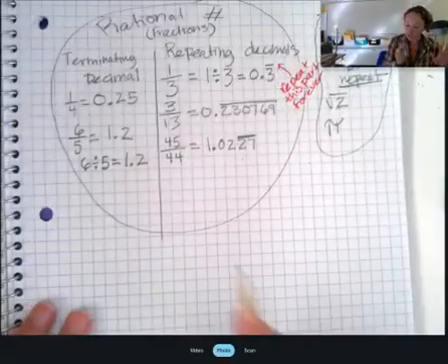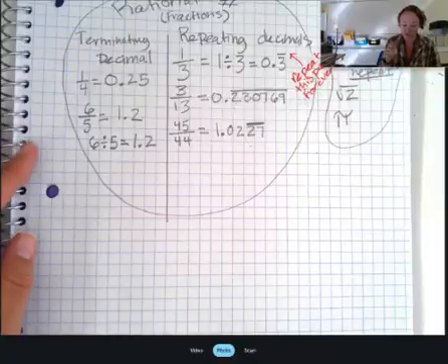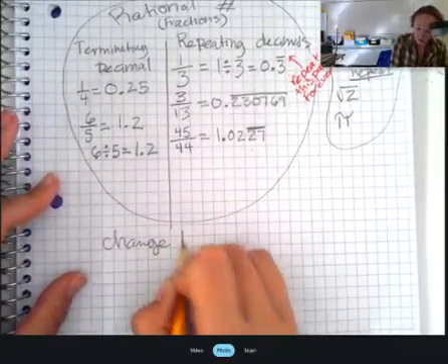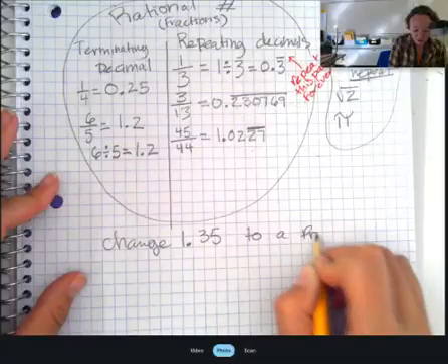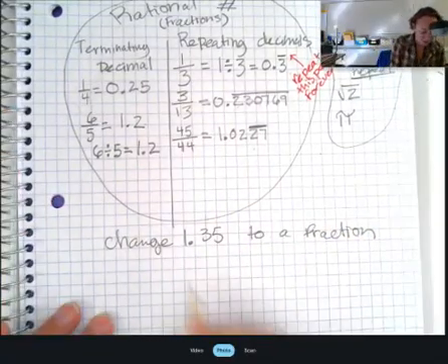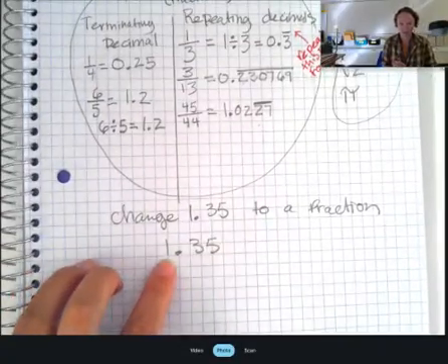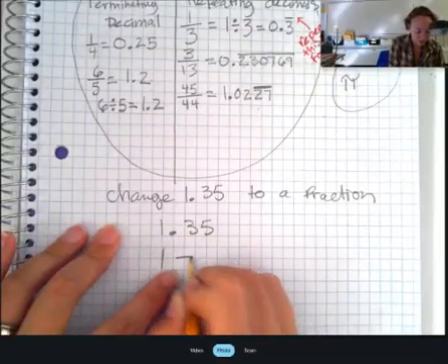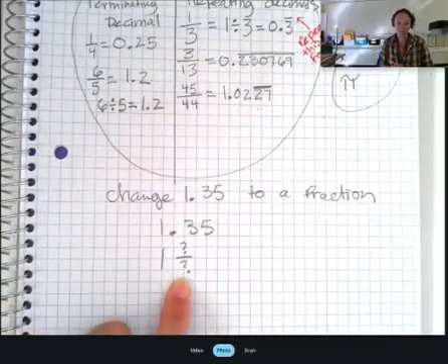All right. The other skill we need to be able to do is rewrite decimals into fractions. So let's say I asked you to change 1.35 to a fraction. We have to know that if we take 1.35, that 1 is just a whole, right? So I know this is going to be a mixed number. It's going to be like 1 and something. I just need to figure out what that something is.